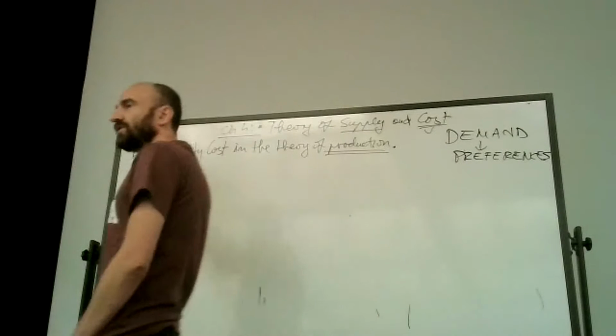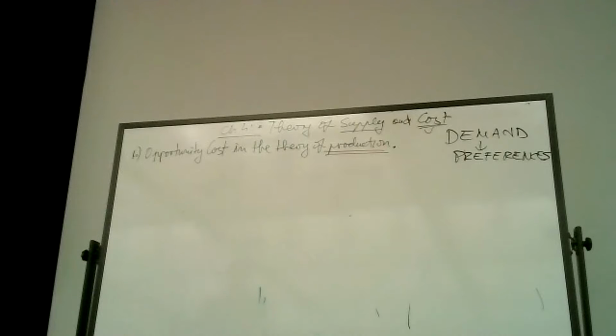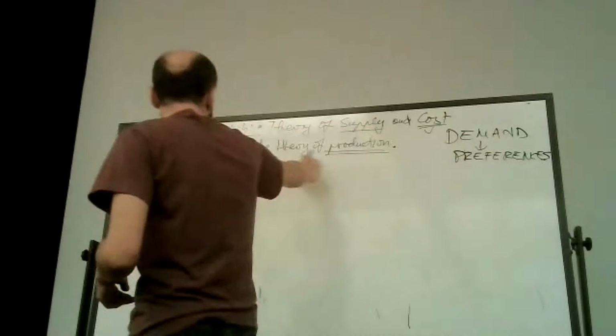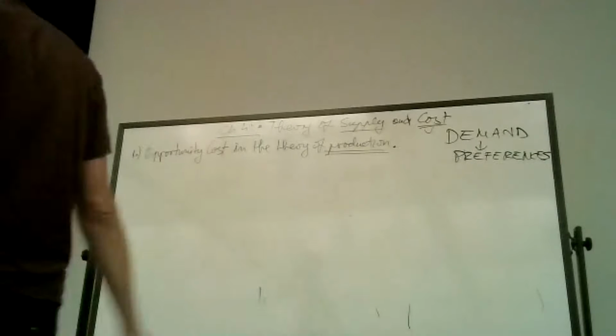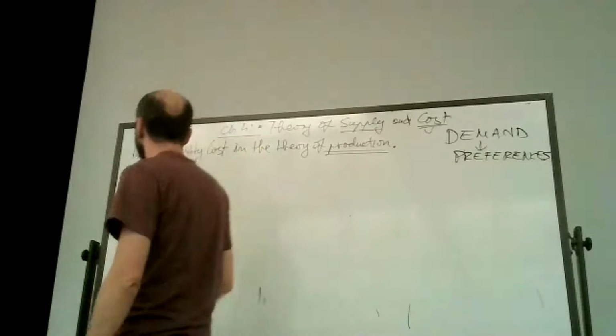So we have already some understanding that opportunity cost is the value of opportunity foregone when we make our choices. You come to class, so you have to sacrifice something else that you could have done in the same time. But it's not completely clear how to understand costs of producing things by using the same concept of foregone opportunity. So we're going to try to understand how this works.